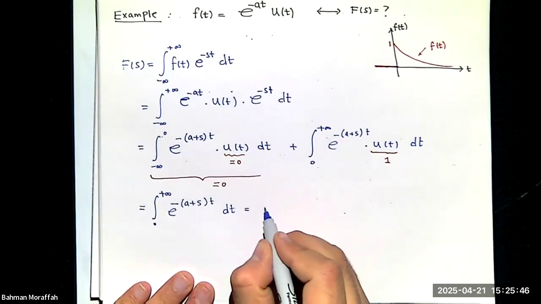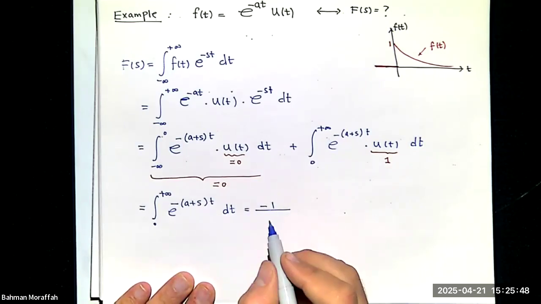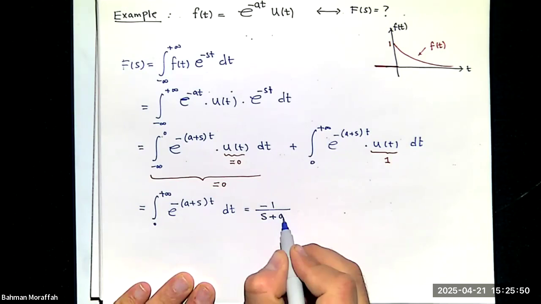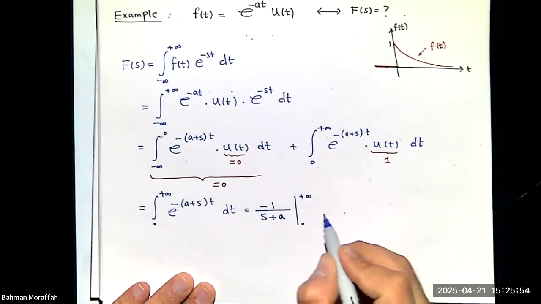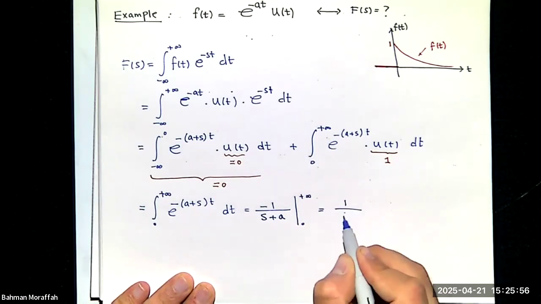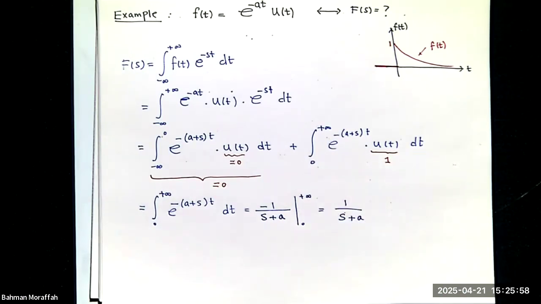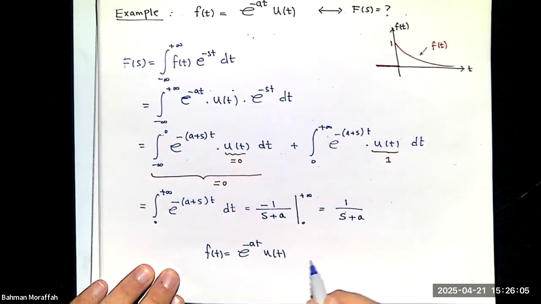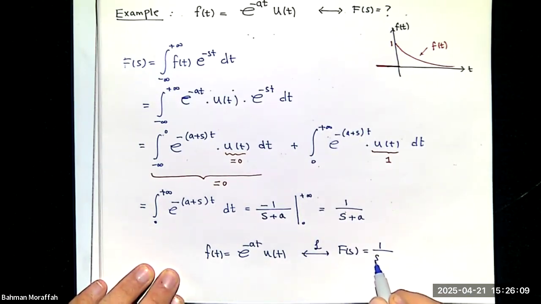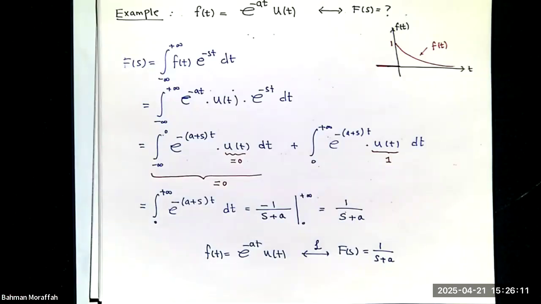That is minus 1 over s plus a. I have to evaluate it from 0 to infinity, which tells me that it is 1 over s plus a. Right? So if I have f of t equals e to the power of minus at u of t, the Laplace transform is F of s, which is 1 over s plus a.